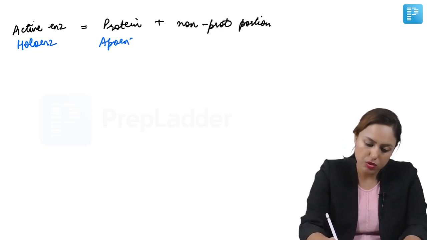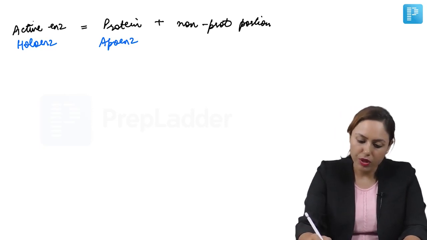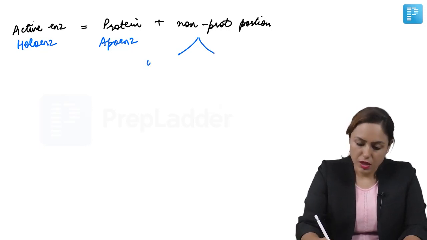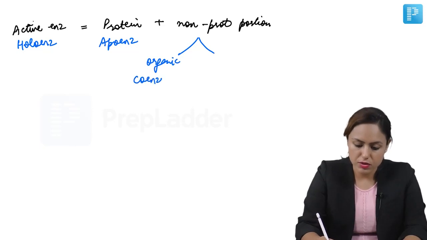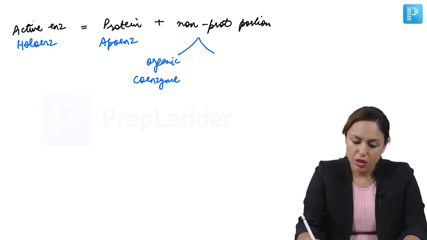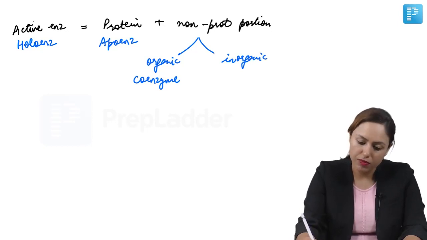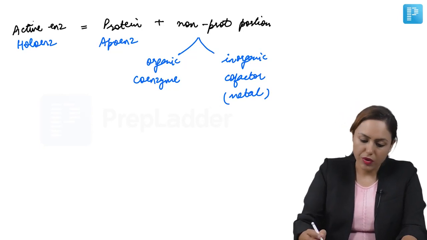The protein portion is known as apoenzyme, and the non-protein portion can be of two types. If the non-protein portion is organic, then it is a coenzyme. If it is inorganic, then it is a cofactor. Inorganic is usually a metal, right? So organic is coenzyme, right?